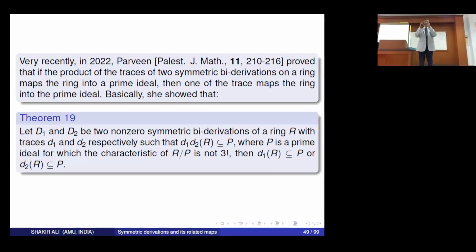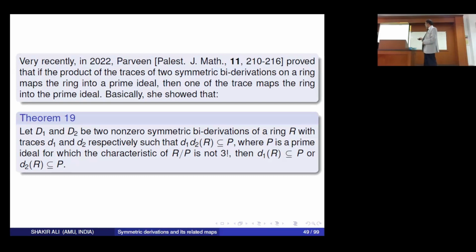Same as the composition of two maps, the composition of two maps need not be a map. So here D1, D2, the range of D1 D2 is in the prime ring P. Okay, and then the characteristic of this quotient ring is not 3.